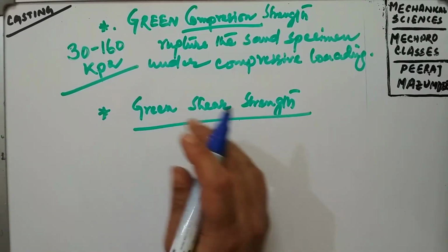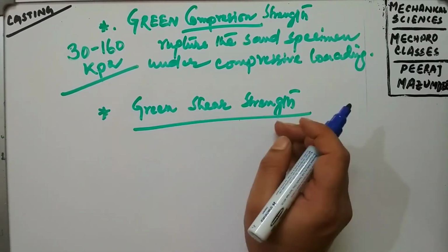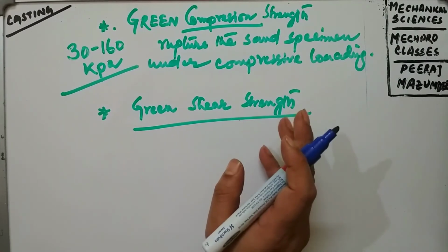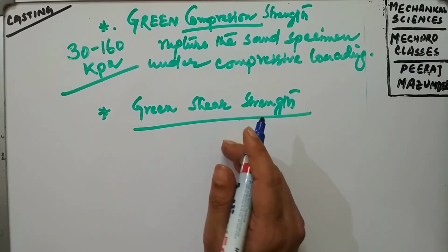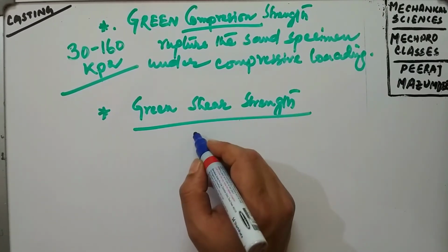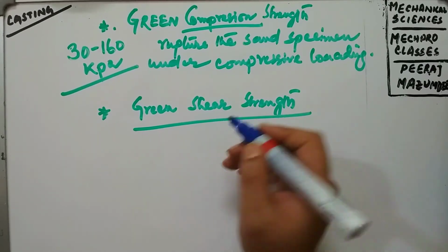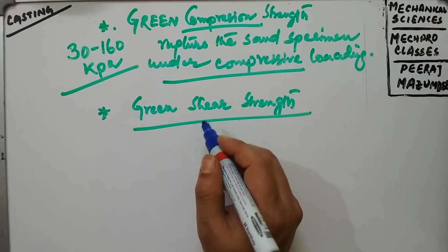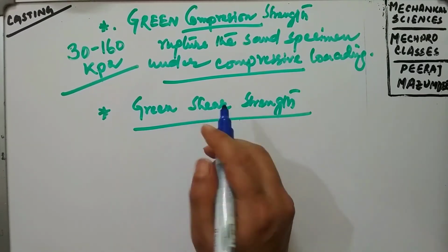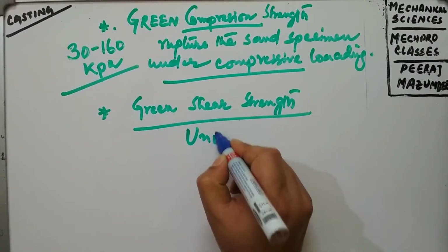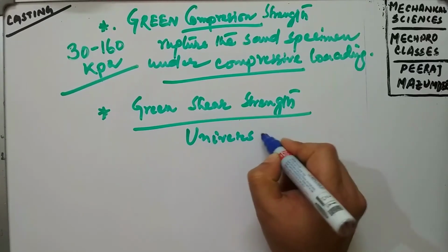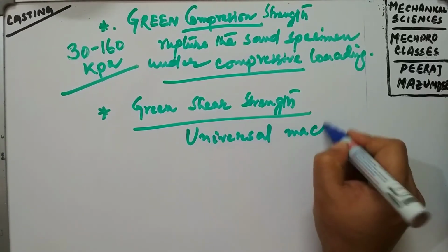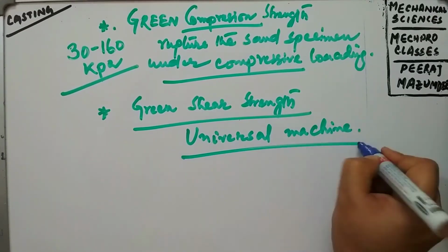Now coming to the green shear strength, it is very important. Green shear strength is measured with a sand sample similar to this test. We have to feed that sample in a machine known as the universal machine, which you can find very easily in generally any mechanical workshop.